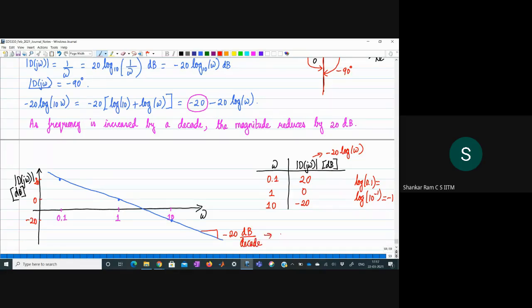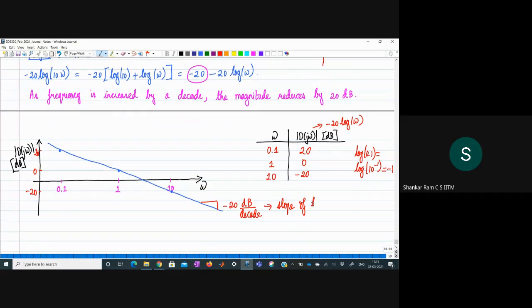This is the slope of the magnitude plot, or log magnitude plot, of 1 by s. All right. So, how did we write the slope to be minus 20 decibels per decade from the analysis that we just did?